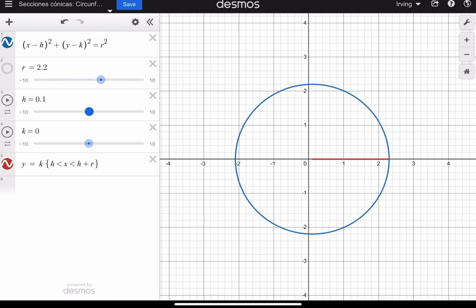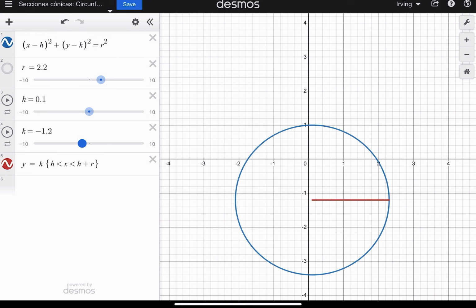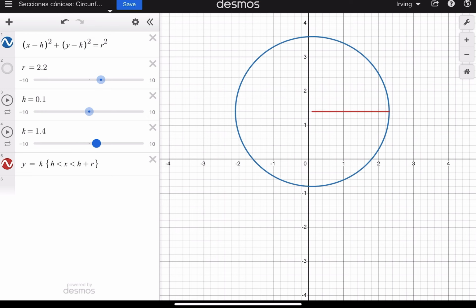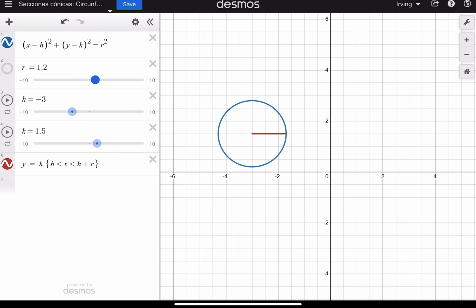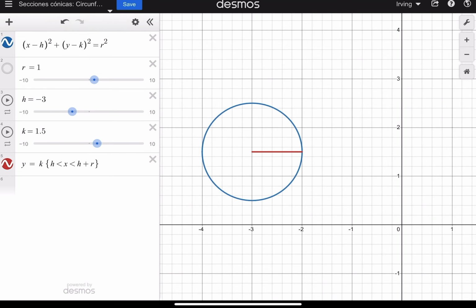The same happens with k. If I move k, I will move it vertically. And I can have a shift horizontally and vertically, and then I can vary the value of the radius. This way we can play with how our circle looks and where it is placed.